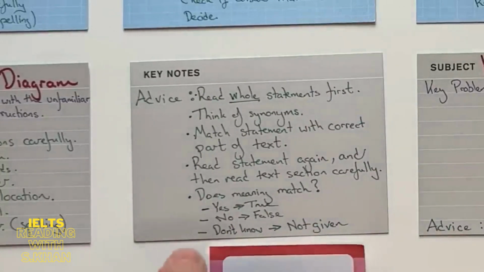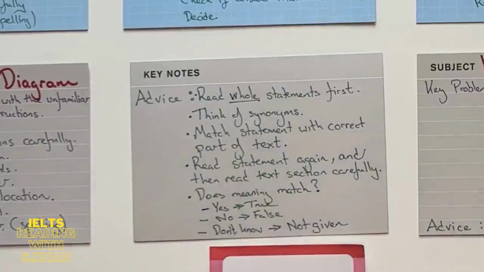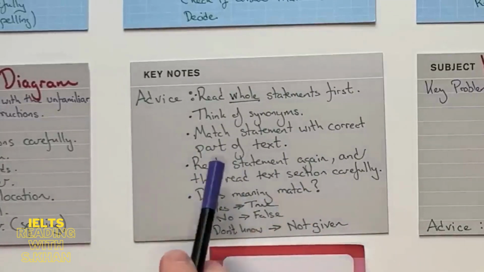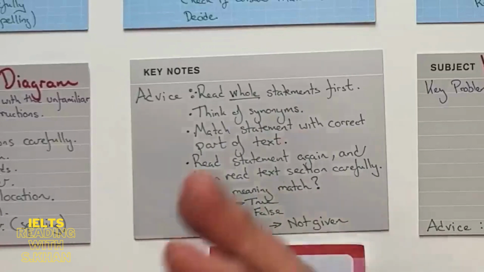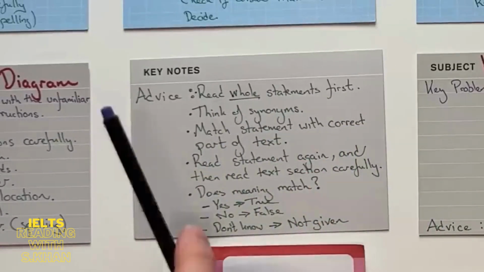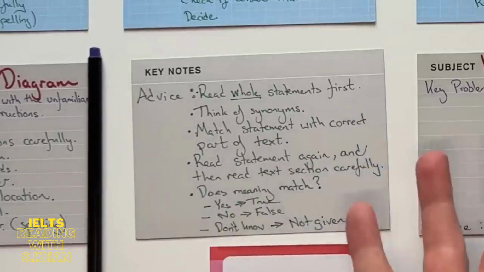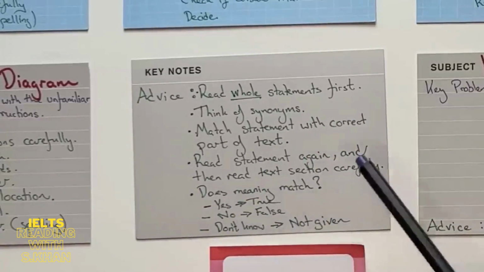If you're really focusing on pen, you will miss writing instrument or writing utensil or something like that, and you'll never be able to move on to this part, which is match the statement with the correct part, the location of the text. Because the statement says pen, the text says writing utensil. If you are thinking about synonyms and you're open to seeing them, then you're going to find them much quicker.